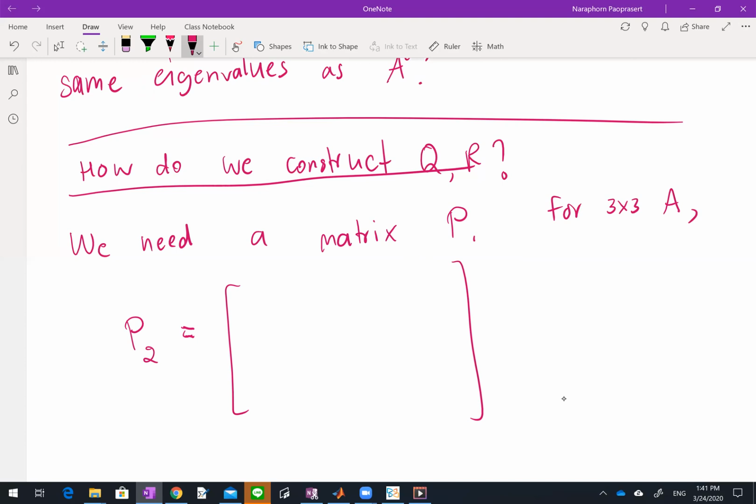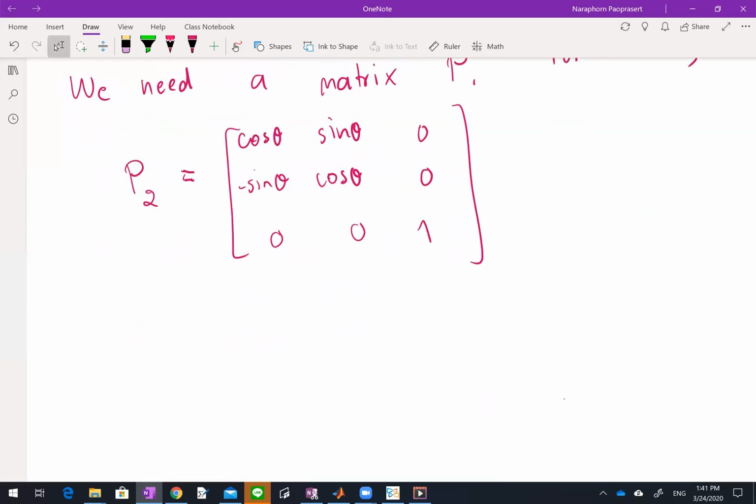P2 is going to be cos theta, sin theta, minus sin theta, and cos theta. Don't be intimidated by the trigonometry, because eventually you're going to get a formula for it, okay?